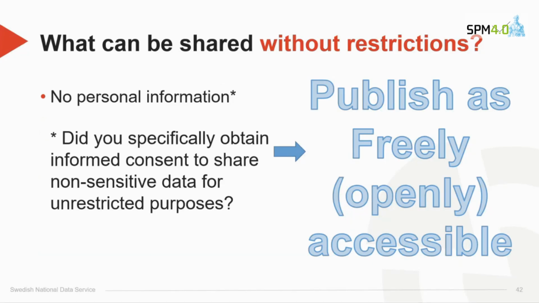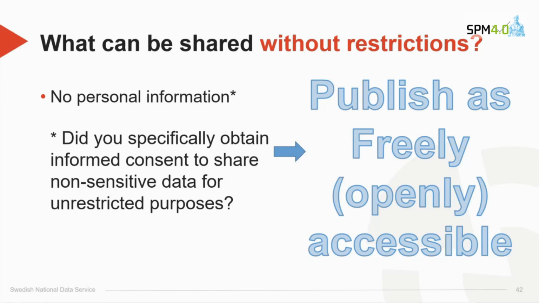Here's an interesting one. Possibly, you can share personal information if you've specifically asked your research participants if you can do it. And for this to work, they need to have consented that the data can be shared for unrestricted purposes if you're going to make the data available on the internet.